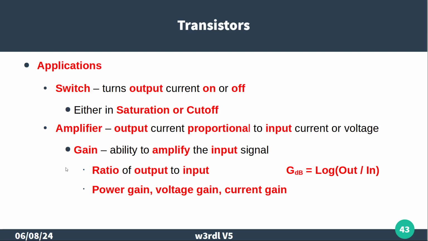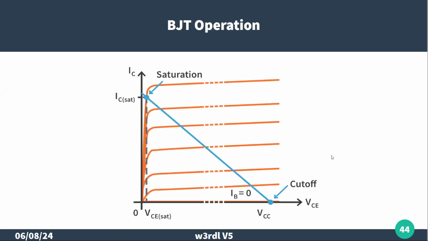And we define gain as the ability to amplify the input signal. So if I have 1 volt in, 10 volts out, I have a gain of 10. This is showing a similar chart to the field effect for a bipolar.